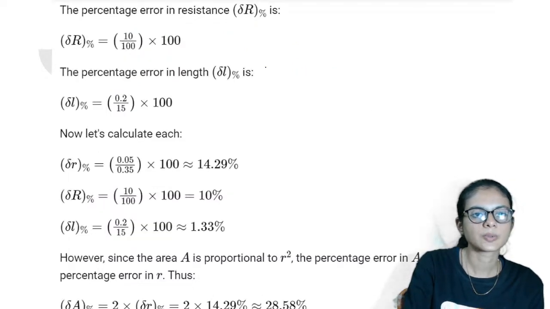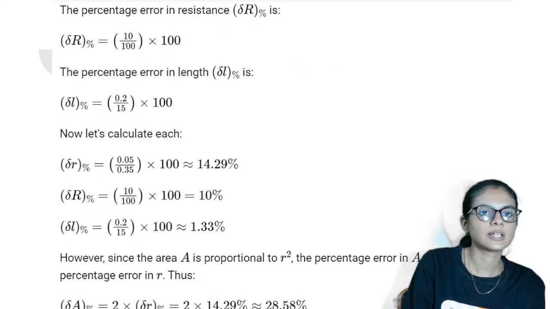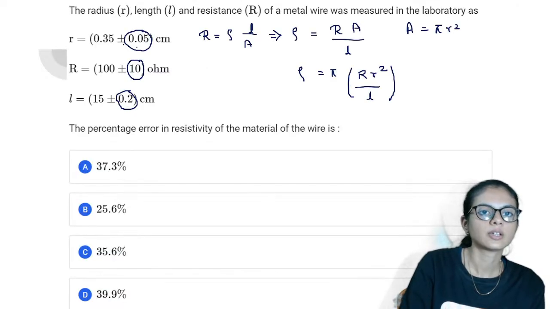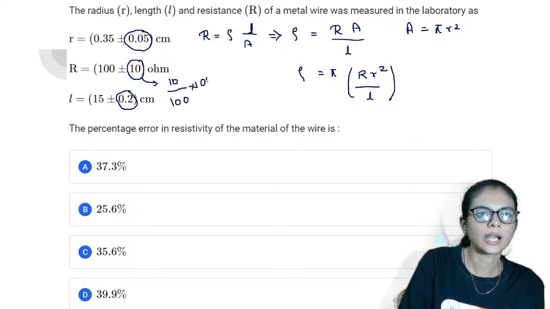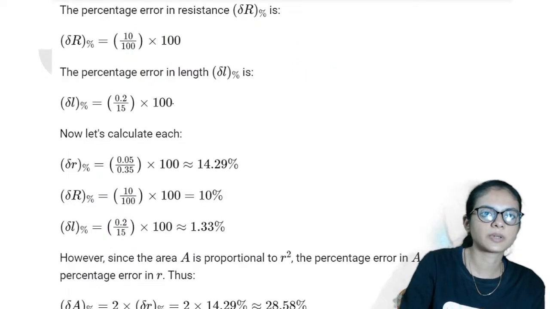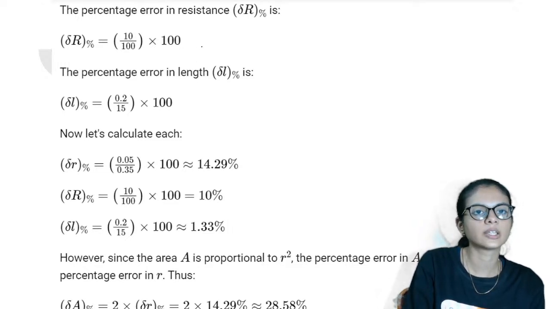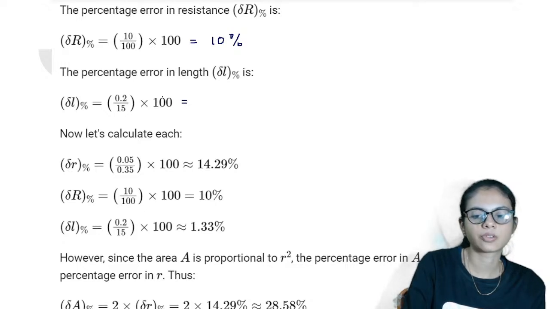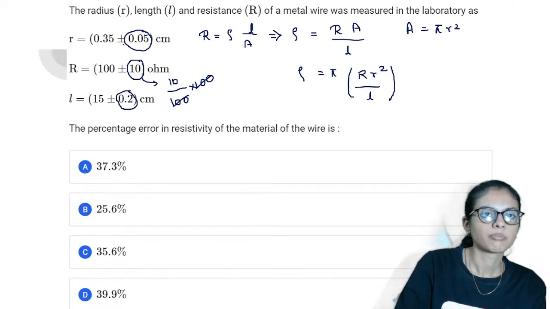So how to do this? First we will calculate the percentage error. The error in resistance is 10, so 10 divided by 100 into 100. So that gives 10%, right? So the percentage error in the resistance is 10%, and the percentage error in length, okay? Because this is taken in the denominator.